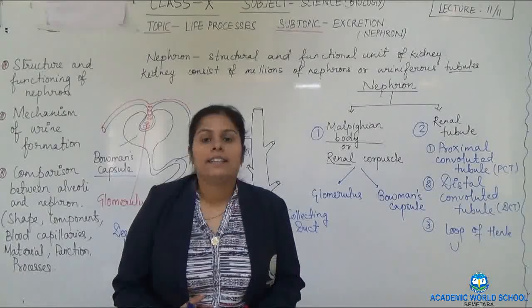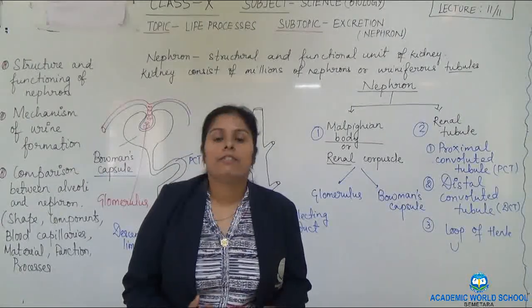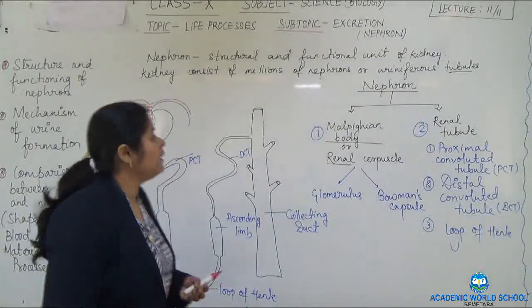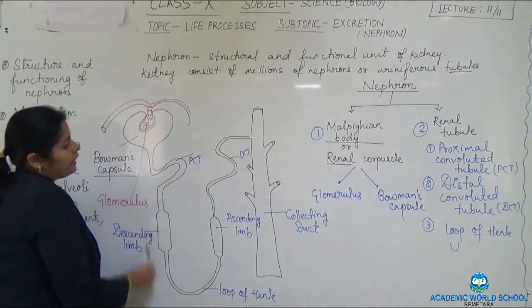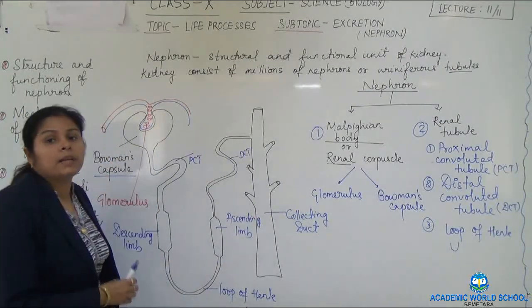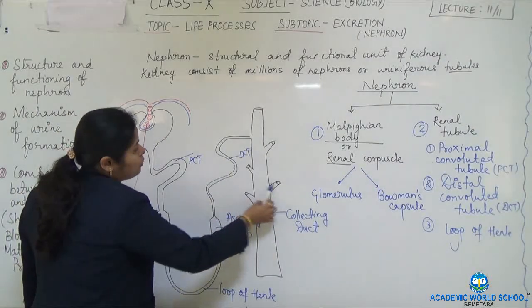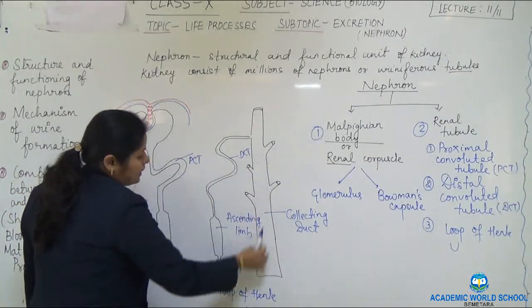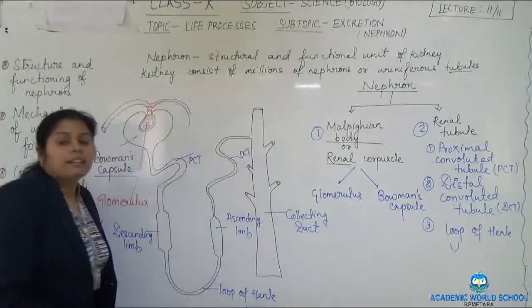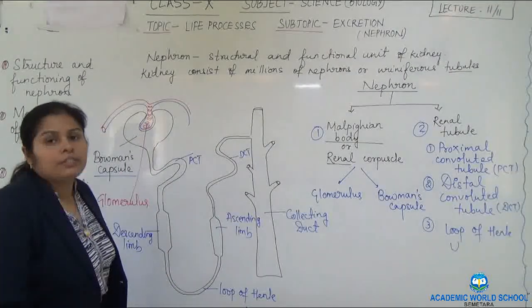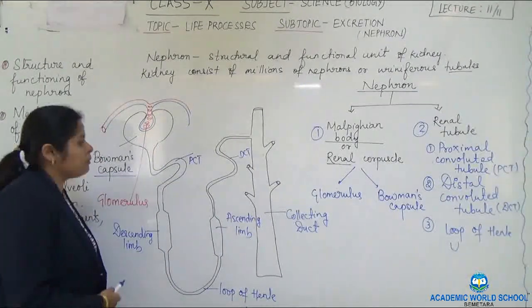So where does this ureter arise from? We will understand that the kidney consists of this kind of structure, the nephron. There are millions of nephrons which connect to the collecting duct, and the collecting ducts reunite to form the ureter, which will carry the urine out of the body.